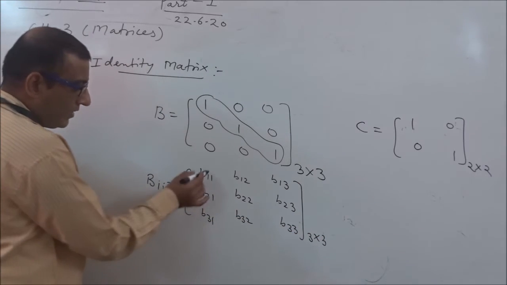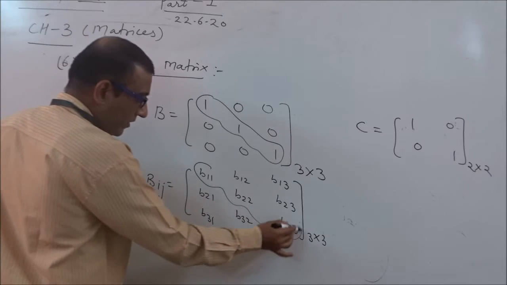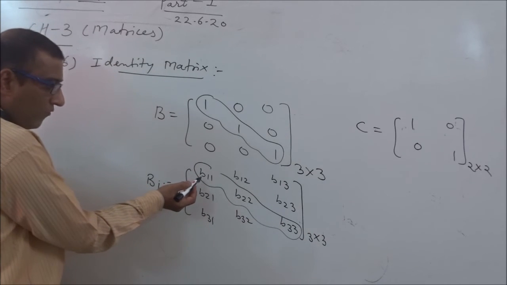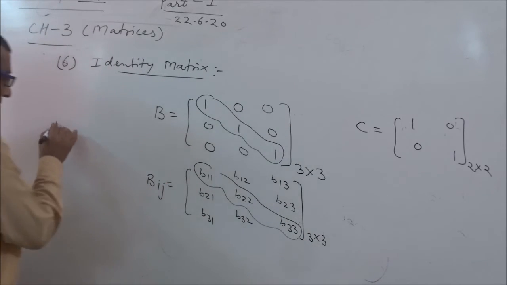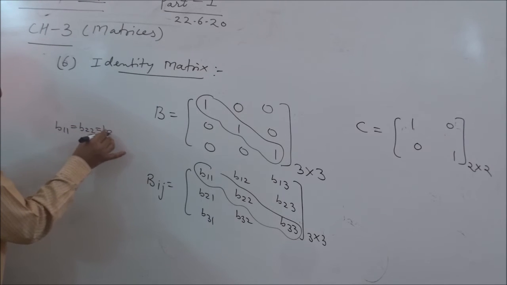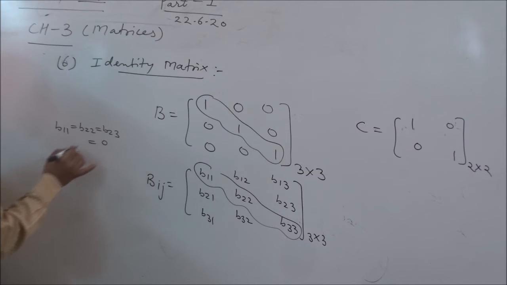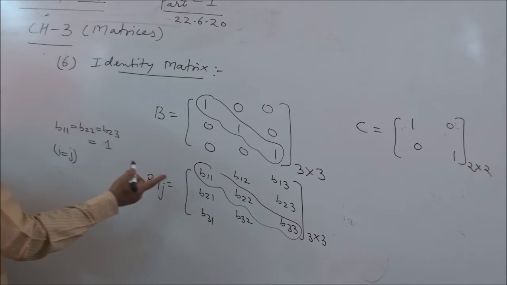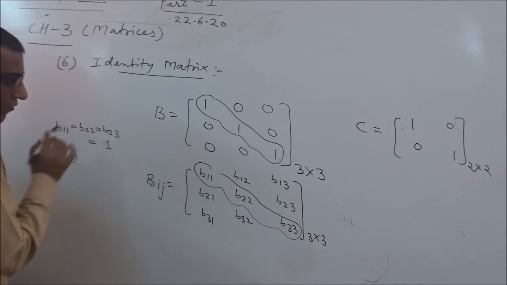So we can say these diagonal elements, it means the value of B11, B22 and B33, when i equals to j, then the value is not 0, it is equivalent to 1. When i equals to j, then we can say B11, B22 and B33 are equivalent to 1.